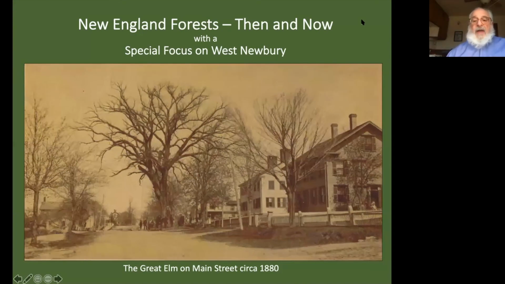Once we have photographs available and better record keeping, then we can take a look at what West Newbury used to be like in the 1880s and the early 1900s, and then what it looks like now. For those people that don't know our town, we're a small 17 square mile town on the North Shore, not very far from New Hampshire, and our background is rural and farming.